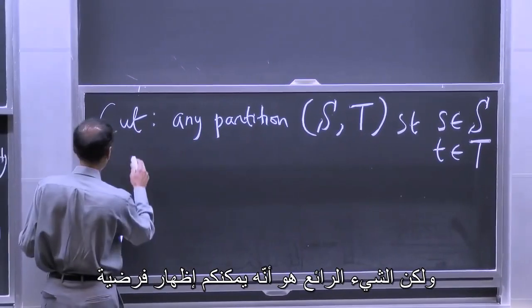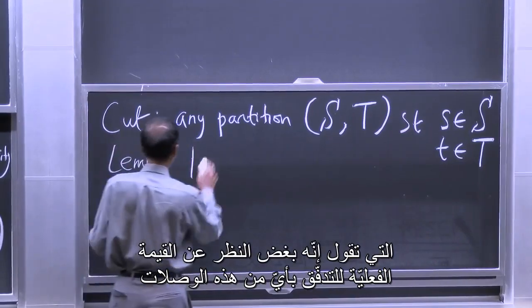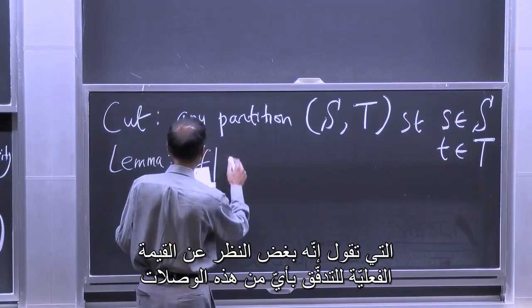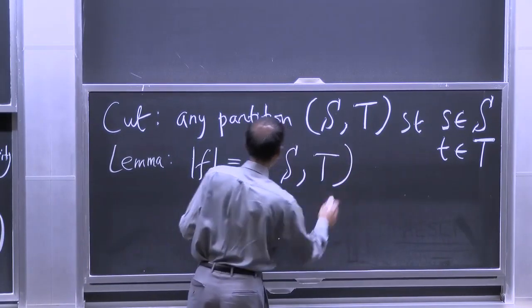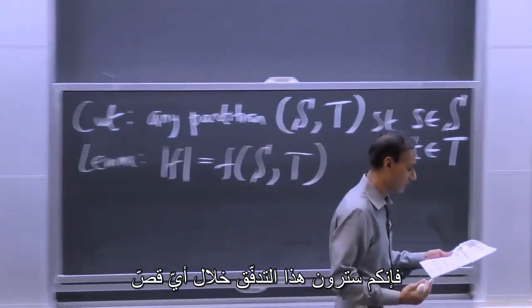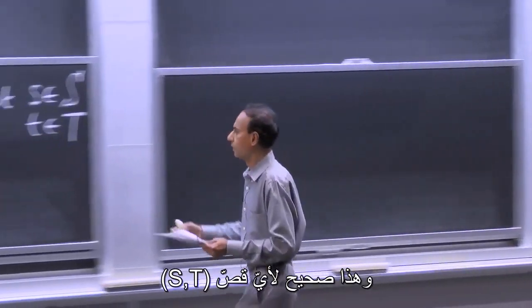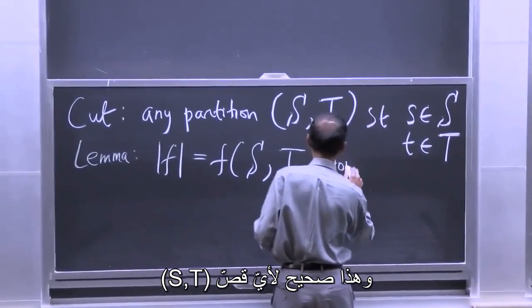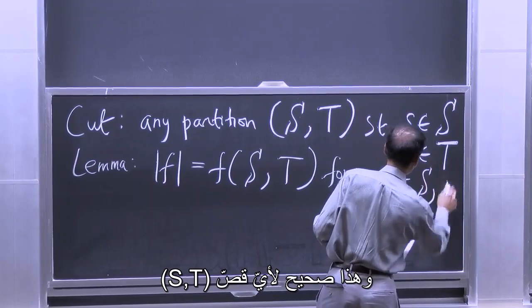But the amazing thing is that you can show a lemma that says that regardless of what the actual flow values are in any of these edges, across any cut, you're going to see this flow. And this is true for any cut (S, T).